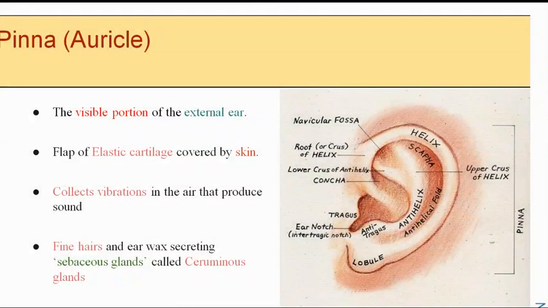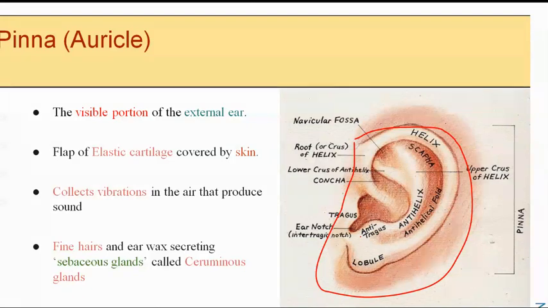Auricle. The auricle is the visible portion of the external ear. That is, the ear in the human body seems to be only the pinna or auricle. The external appearance of it is this region which we see. This is an elastic flap-like structure covered by skin, and this part consists of elastic cartilage.